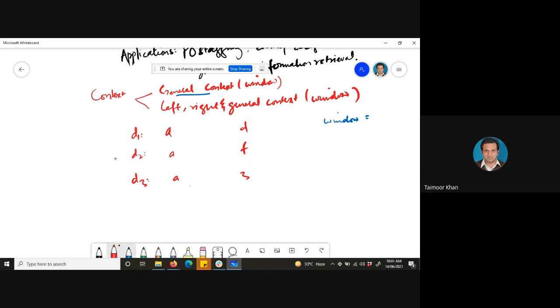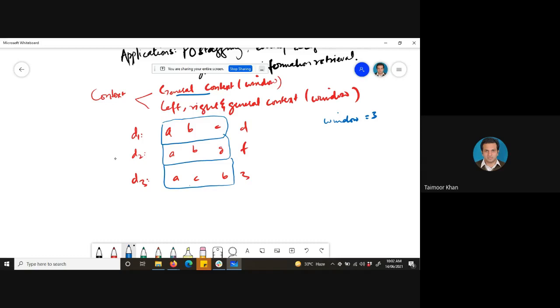So the window size is 3, and we have A, B, C, D, A, B, G, F, A, C, B. Right? The window size is 3. So for A, it's this window, then for A, it's this one. This is the third one for A.